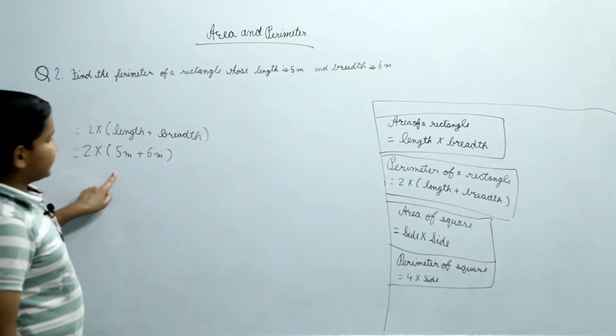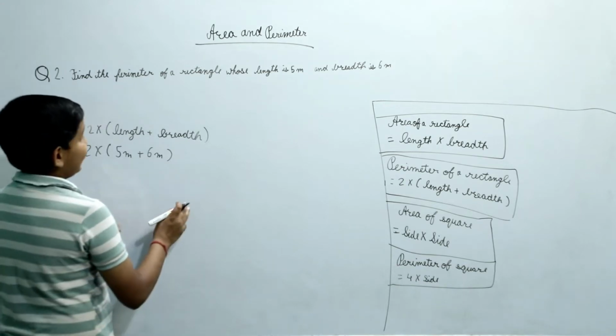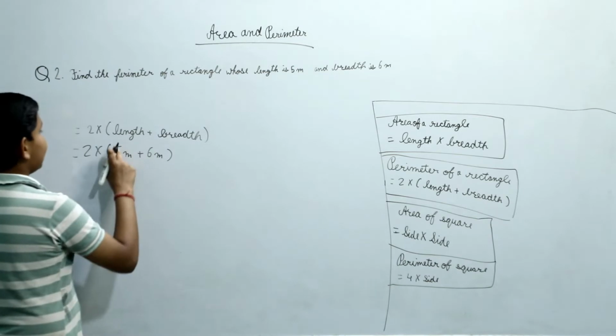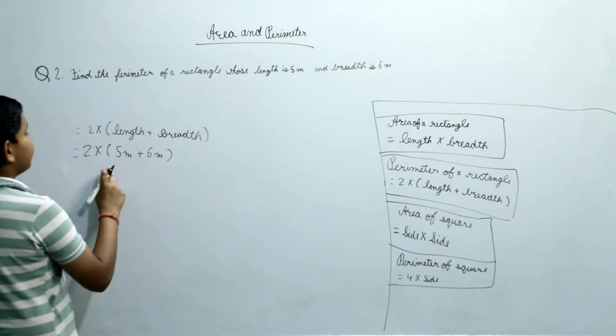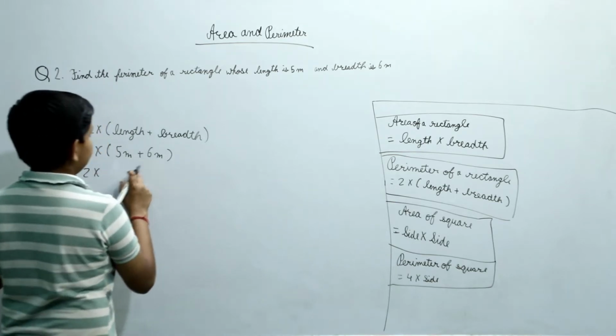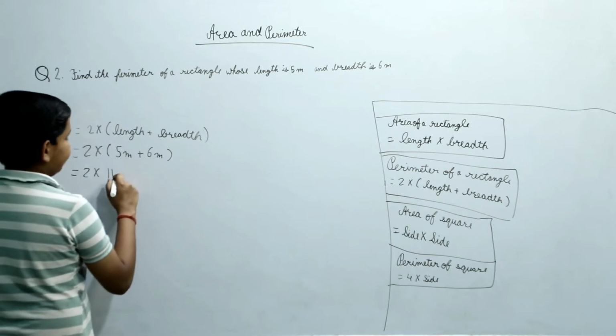Because this 5 meters plus 6 meters is in brackets, and in the BODMAS rule, B comes first and B stands for brackets, first we will solve the bracket. So, 2 into 5 plus 6 is equal to 11 meters.